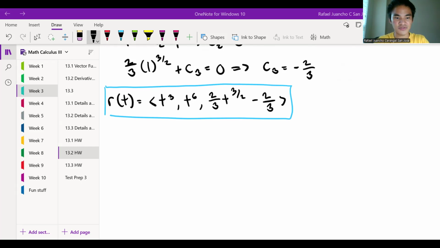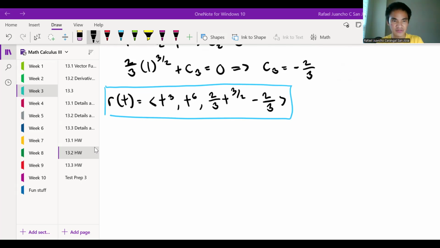I feel like I know where this is gonna trip me up. It's the fraction thing. Let's see. And yes, we got it.